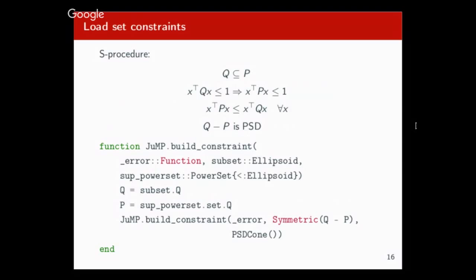And for the inclusion of an ellipsoid, once you have the PSD matrix, this should be PSD. You can just redirect to the build constraint that JuMP knows for a symmetric matrix in the PSD cone, and JuMP will do the rest of the work. So you can actually do all the transformation in build constraint, which is nice.